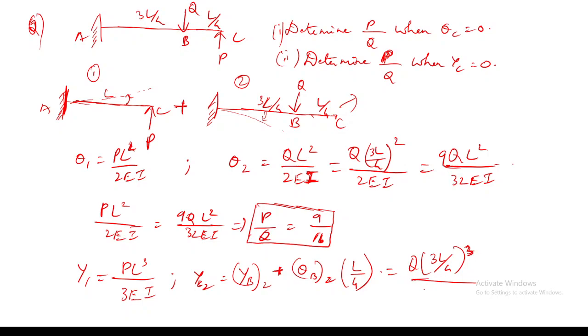Q L cube, 3L by 4 divided by 3EI, plus theta B is nothing but 9QL square divided by 32EI into L by 4. And what is the value of YB2, I mean YC2, you are getting?